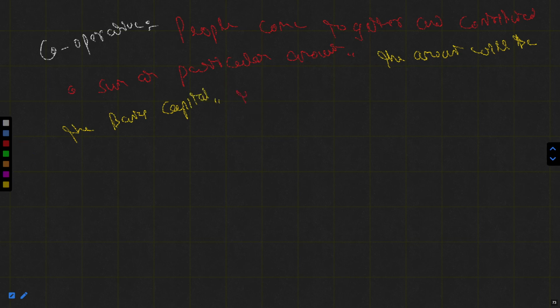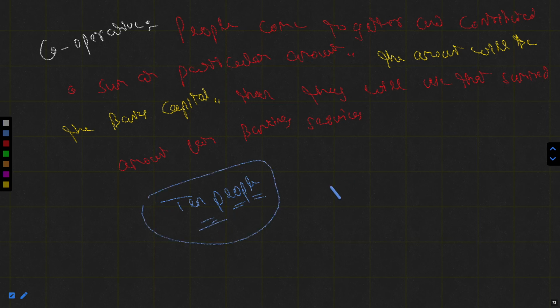Then they will use that pooled amount for banking services. This is just a general overview. Now try to figure it out. Suppose there are 10 people.